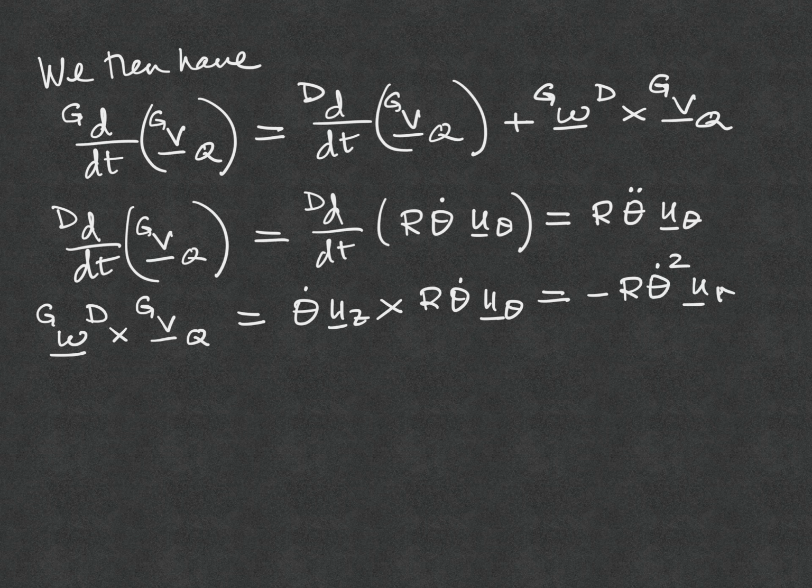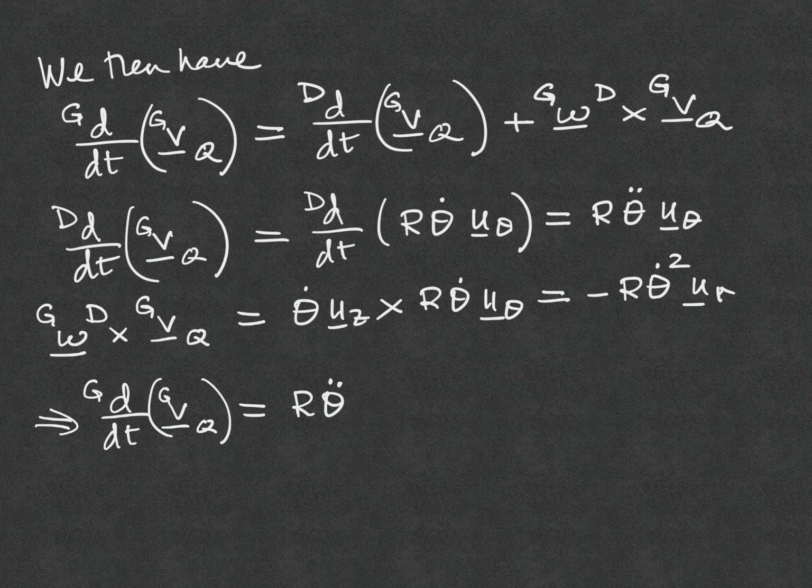And now all we have to do is just add these terms together. So we get that d dt in G of the velocity of point Q in G is equal to r theta double dot u theta minus r theta dot squared ur. But this is out of order because the basis order is ur, u theta, uz.